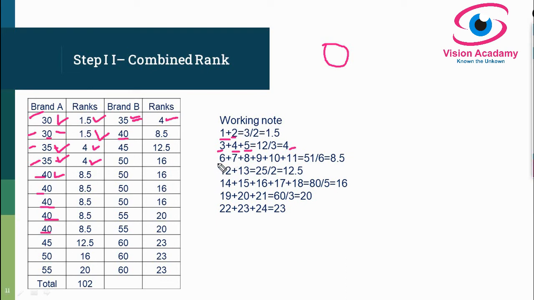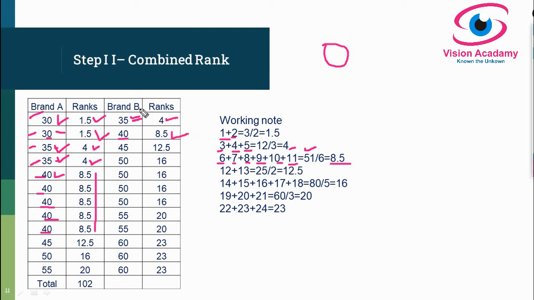So I add all together 6, 7, 8, 9, 10, 11, and I got 51. Since I have added 6 values, I divide 51 by 6 and get the average value 8.5. So 8.5 is given for five values in brand A, and 8.5 is also given for one value in brand B.